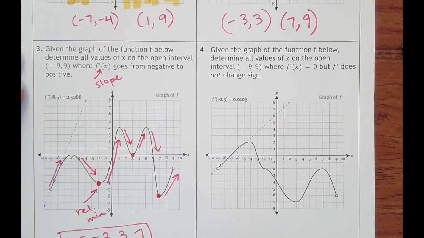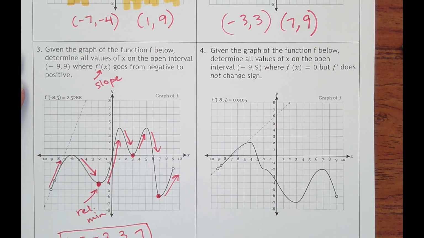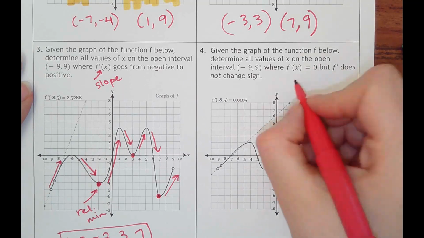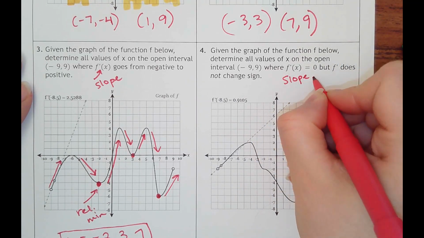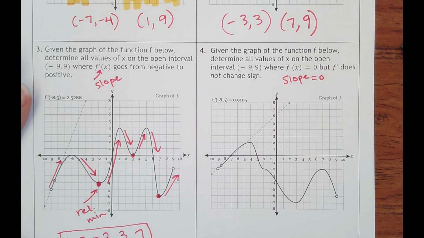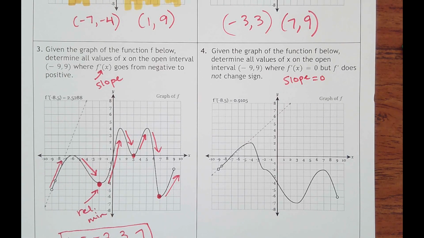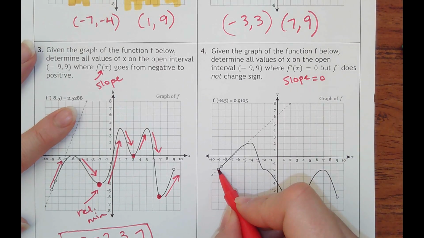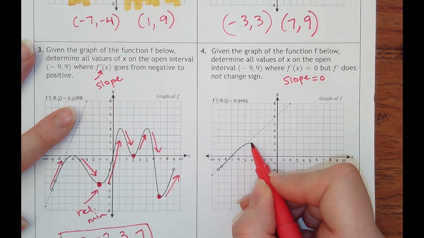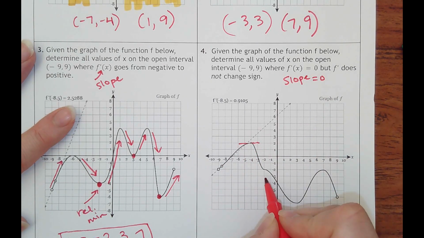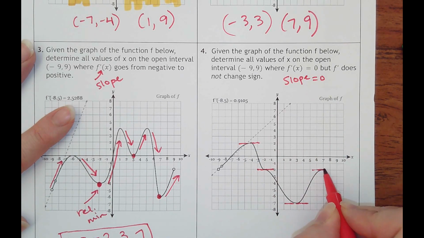And number 4, given the graph, function f below, determine all values of x on the open interval -9 to 9 where slope is 0, but f prime does not change sign. Okay, so slope needs to be 0. We talked about if I drag this, slope is going to be 0 here, and here, and here, and here.